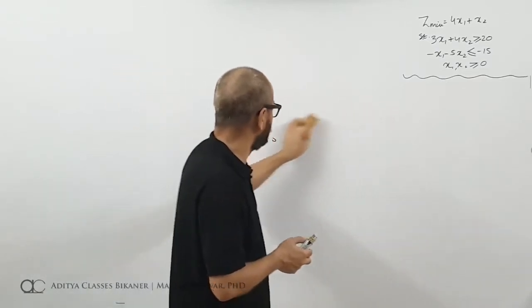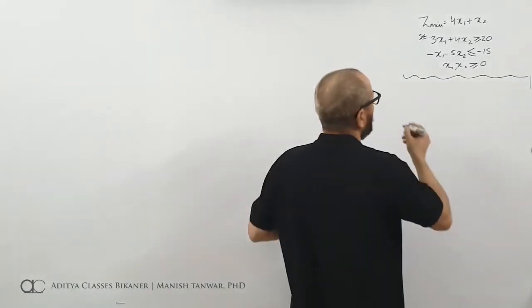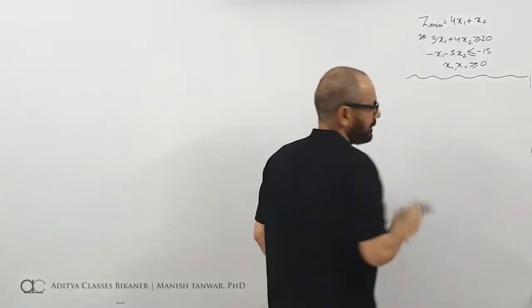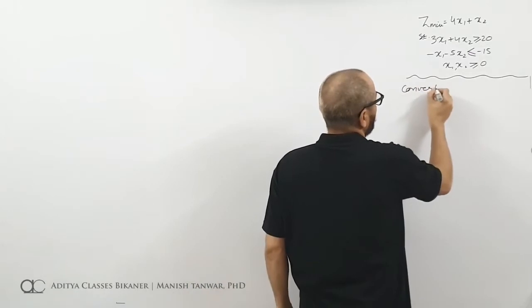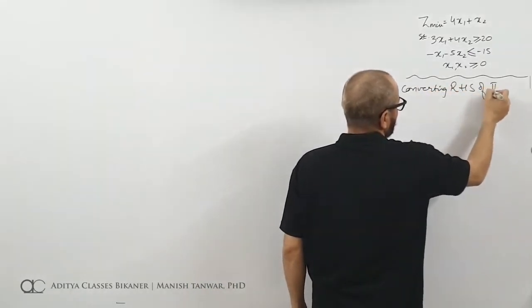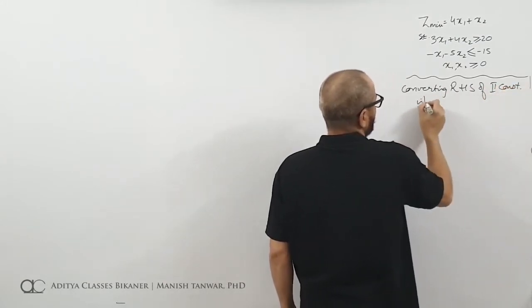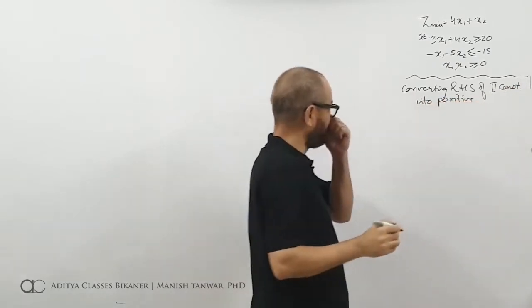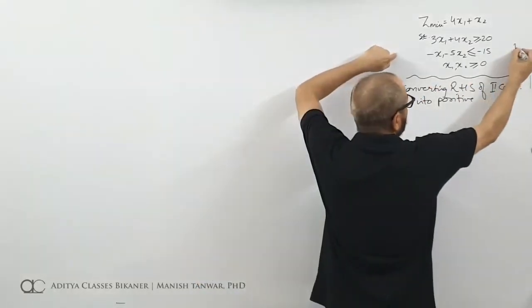So what I'll do is put a mark over here, converting the RHS of the second constraint into positive. For the second constraint, I am converting the RHS into positive, by multiplying it by minus 1.